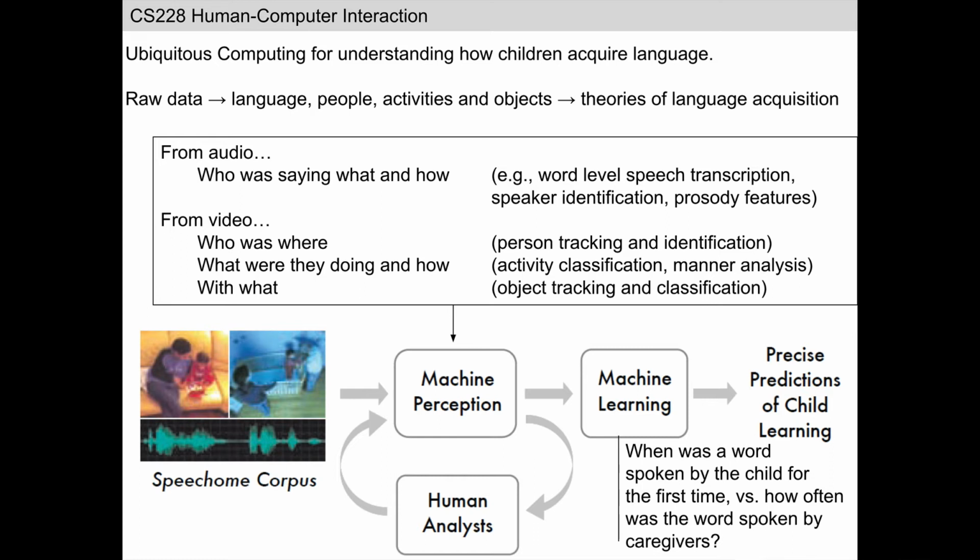Does the object appear shortly after they emit that word? If there is a coexistence between the utterance of the word and the appearance of the object, that would be evidence in favor of Bryce's hypothesis. If those co-occurrences are rare, that would be evidence against this hypothesis. Okay, I think you get the idea.